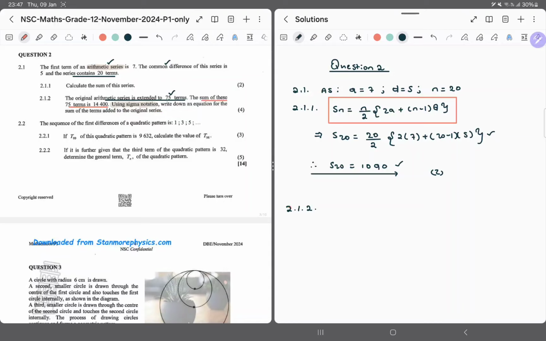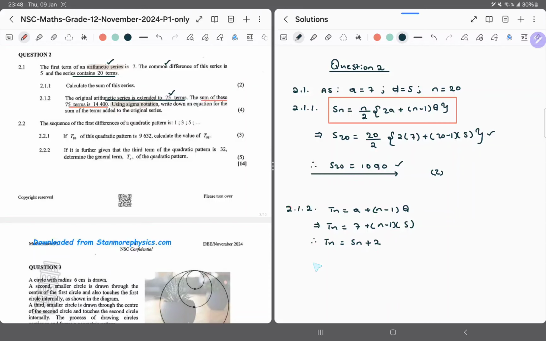Obviously, guys, we need the general term for the sigma notation to be written. So we know that Tn is going to be A plus N minus 1 times D. This implies that Tn is equal to 7 plus N minus 1 times 5. Therefore, Tn is going to be, if we multiply 5 there, we get 5n, 7 minus 5, that's plus 2.